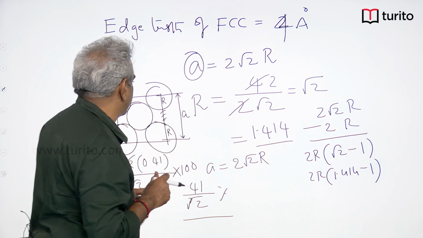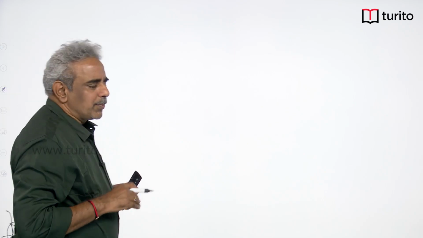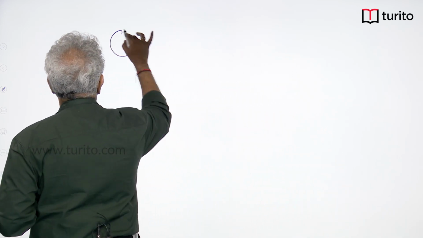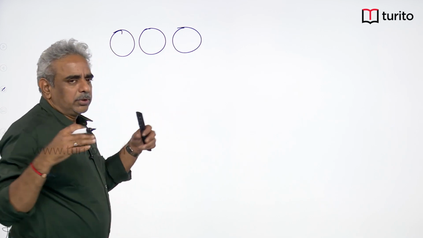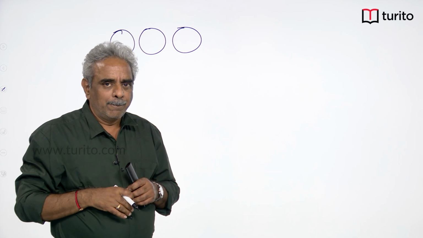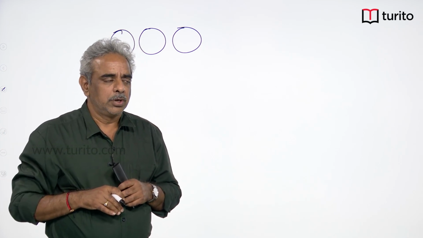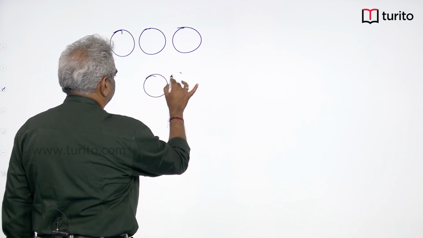What do you mean by close packing of spheres? Suppose I want to arrange so many spheres of identical radius. Suppose I have so many thousands of spheres like this. I would like to arrange them in a 3-dimensional manner. So, first I will keep a single layer.